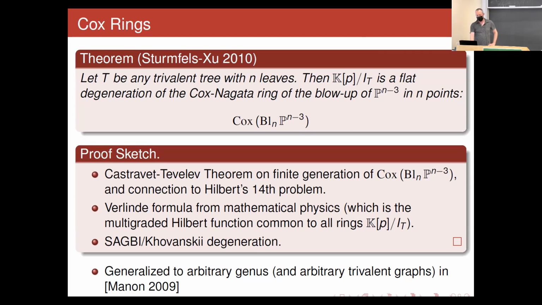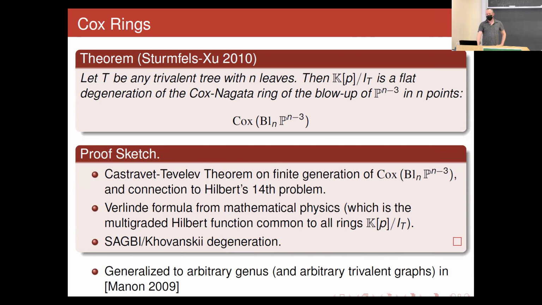The proof sketch uses Castravet and Tevelev's results on what that Cox ring looks like, and connections to Hilbert's 14th problem. Also, the Verlinde formula from mathematical physics comes into the argument as well.